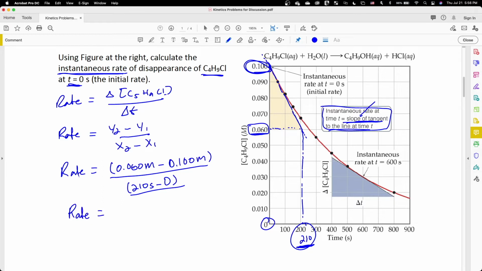Again, it should be positive. 1.9 times 10 to the negative 4 molar per second. So that's how you solve that one. Pretty simple.